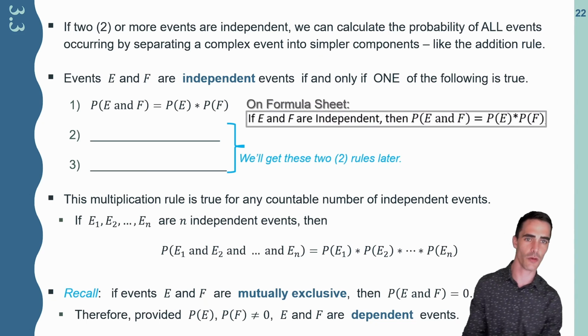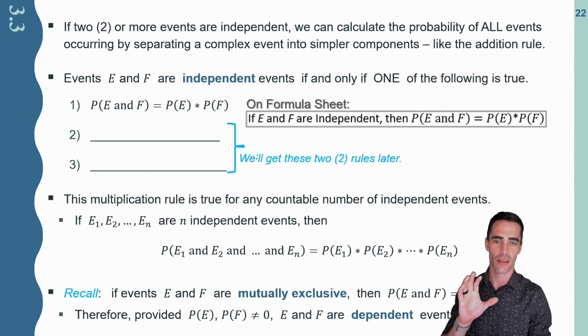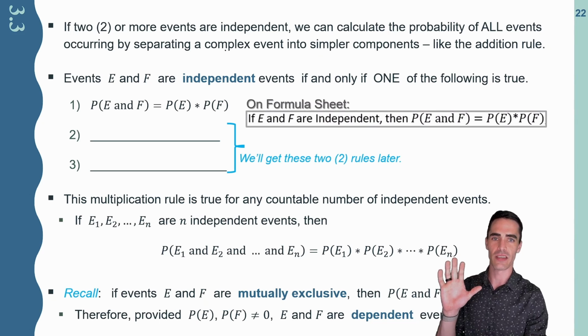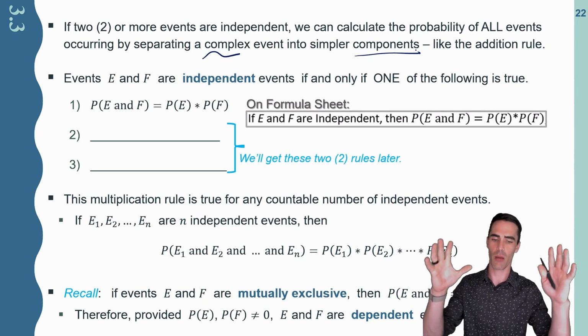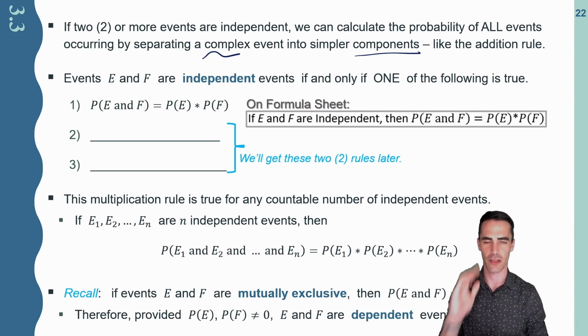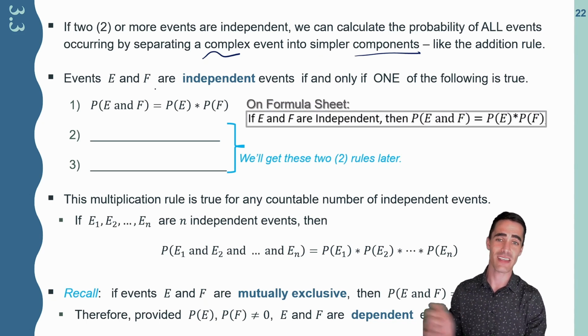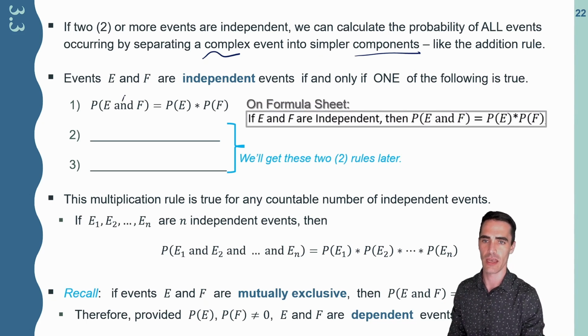Let me slide over here. So we have 2 events that are independent. There's actually a great rule that we can get, that we can take something that's very complex and separate it into smaller components. Take a big problem and make it into a couple smaller problems. In fact, we have a nice formula here. It says, if events E and F are independent, I get a very nice formula. It looks like this: probability of E and F, and think multiply, but there's an important note that this is only true if things are independent.